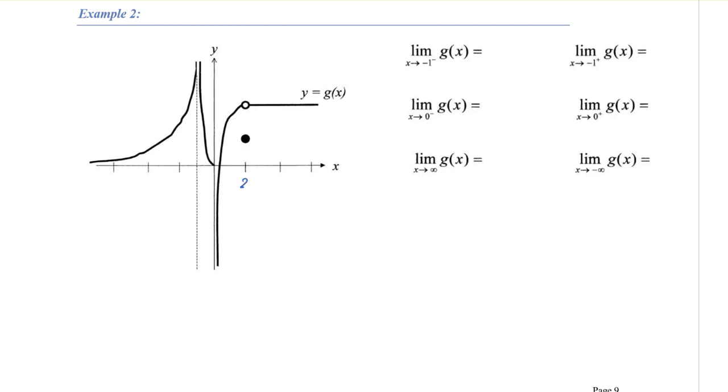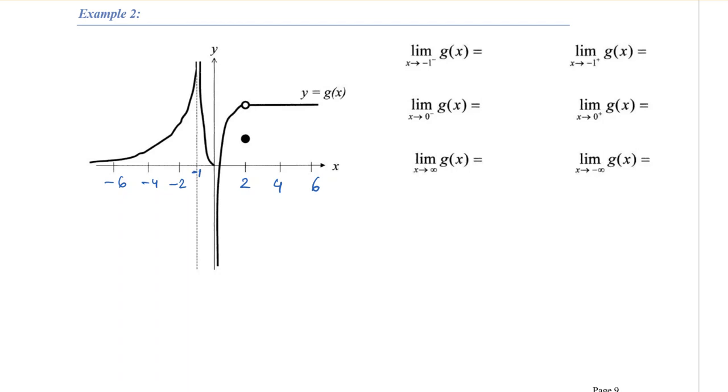Let's say this is 2, 4, 6, -2, -4, -6. This will help us figure out the limits. So the first one is the limit as x approaches -1 from the left, or from the negative side, of g(x).